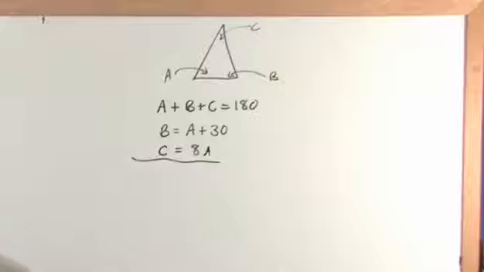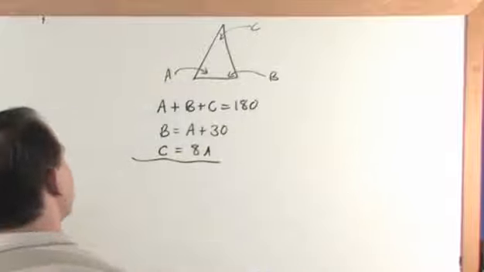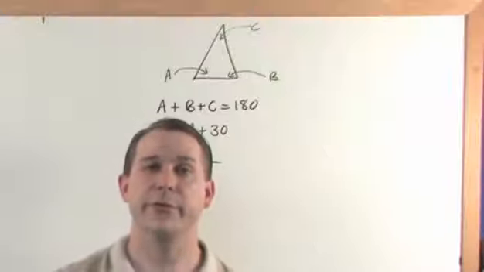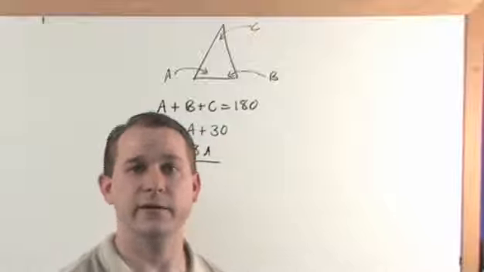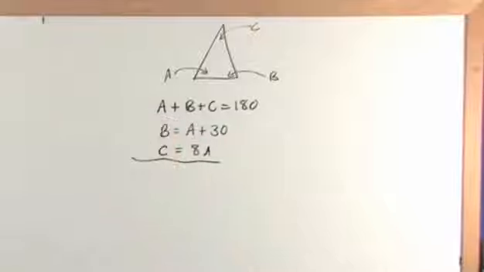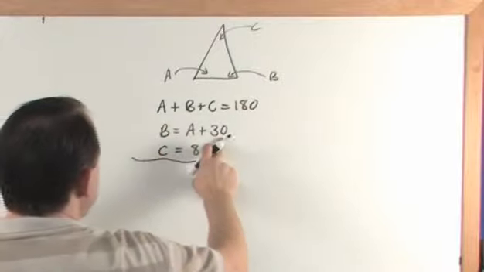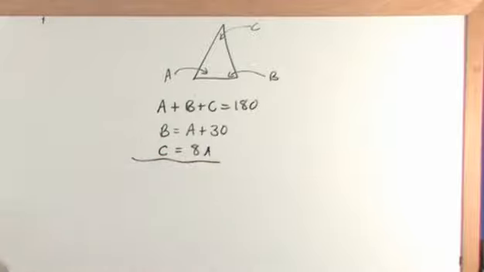Now look, here I have 3 variables, 3 angles, and 3 equations. That's what I need. If you have 2 variables, you always need 2 equations. 3 variables, you need 3 equations. 10 variables, you need 10 equations. That's just the way it works.